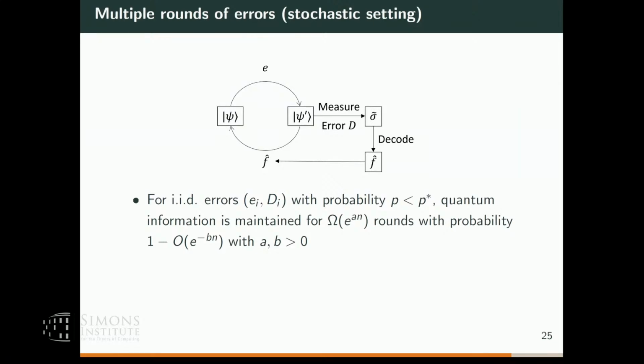And then we just run this procedure many times. What we show is that if the errors have sufficiently small probability, then the quantum information can be maintained for an exponential number of rounds with high probability. And by maintaining the information, I mean that after every round, the residual error is going to be very small.